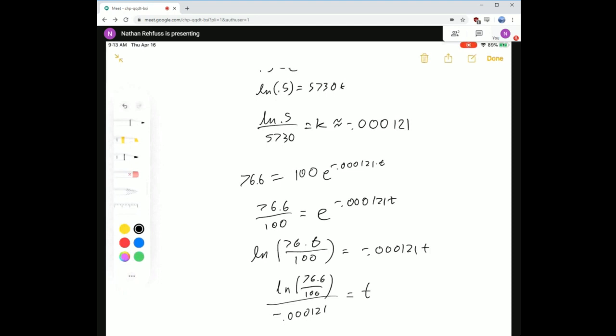Well, I'm missing a page of my notes, so I actually will plug it into my calculator instead of reading it off of paper. Good thing I have my calculator. Natural log of 76.6 divided by 100, all divided by negative 0.000121.